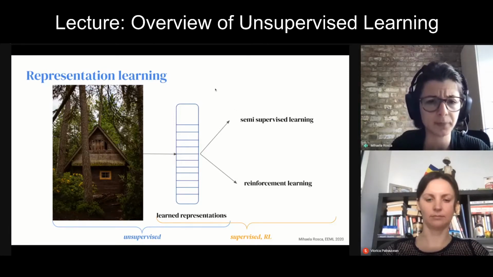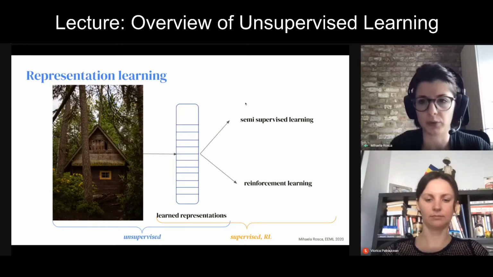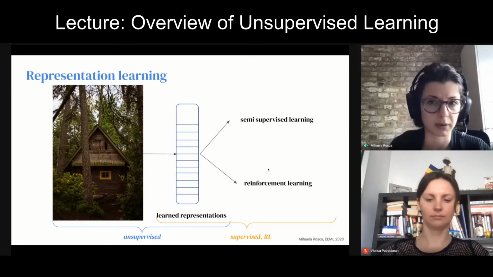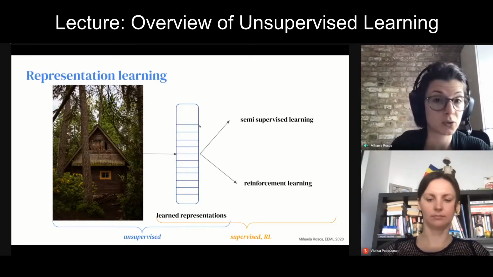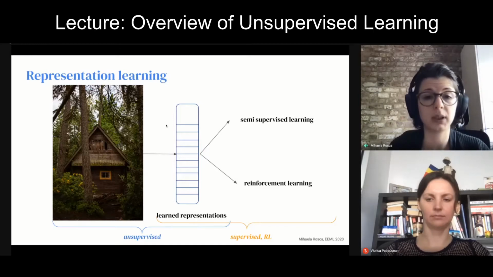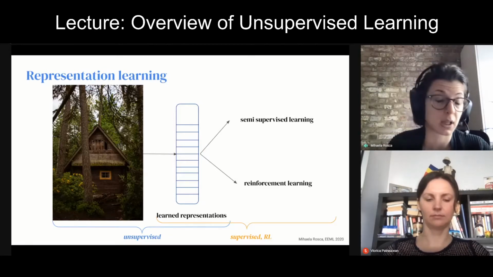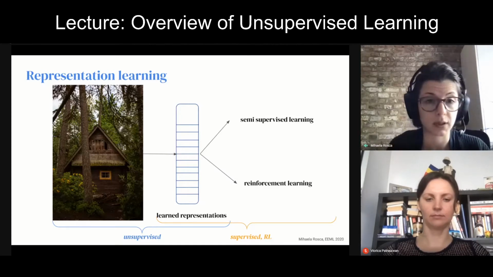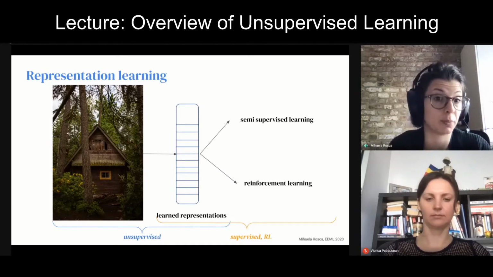So for example, imagine that I want to do semi-supervised learning or reinforcement learning. Let's just briefly talk about semi-supervised learning because that's very easy. If I'm trying to classify what's in an image, I can do that by creating a very, very large data set and asking, for example, humans to label what's in each image. Or I can actually just label a subset of my data, which is cheaper.